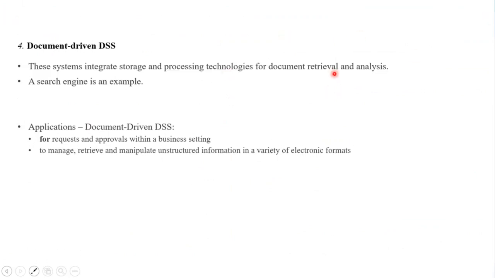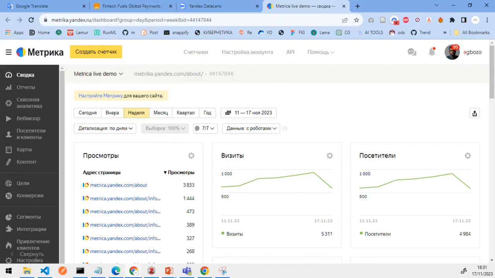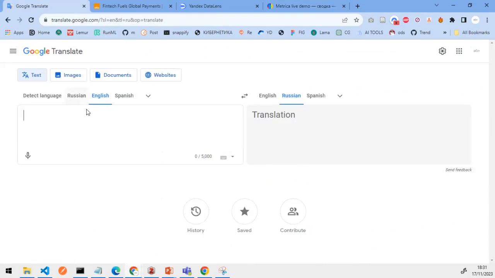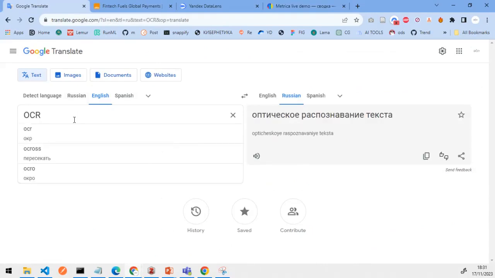A good example is optical character recognition, OCR. I don't know if you know about it. Let me just type this, OCR. So for example, we have tools that do optical character recognition. You load maybe a check or documents, and then these systems are able to retrieve the necessary information and store it.